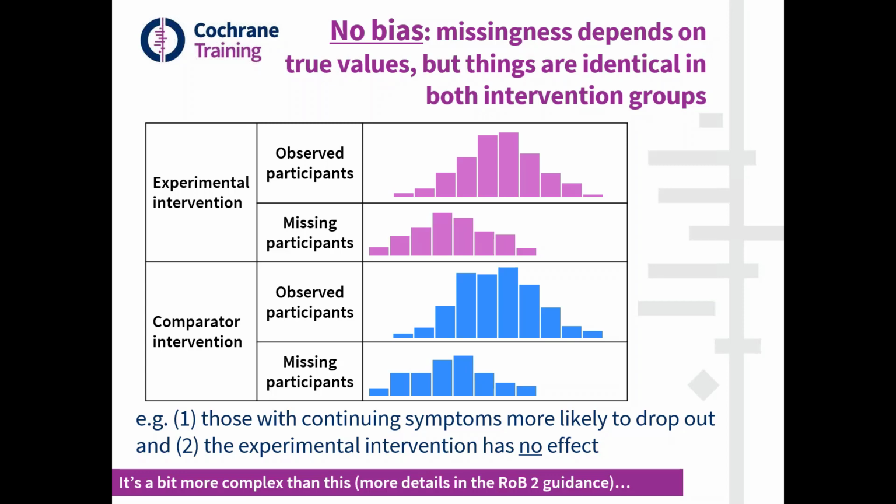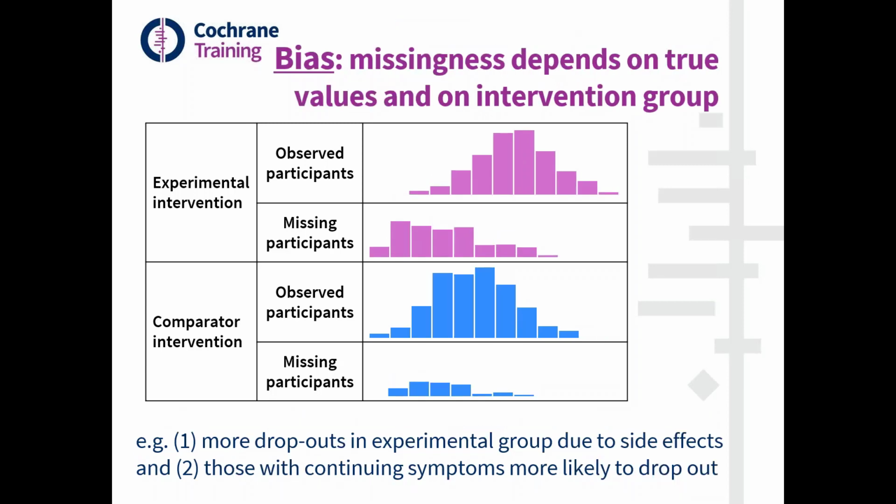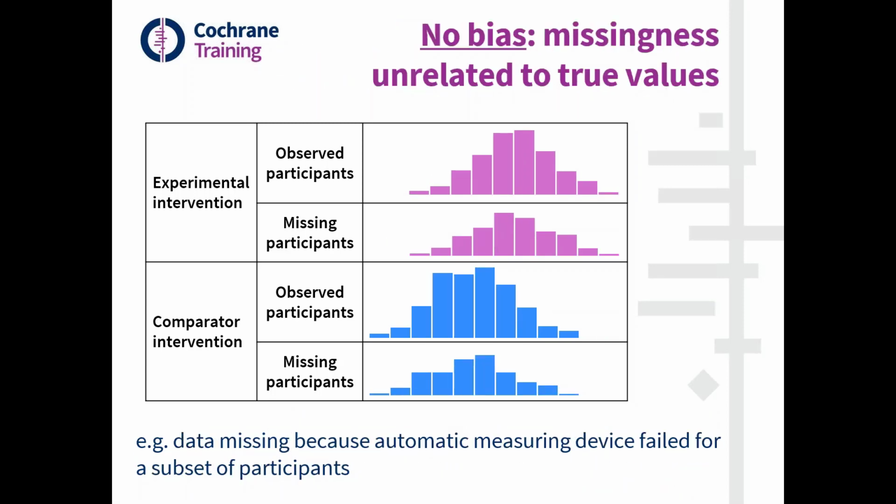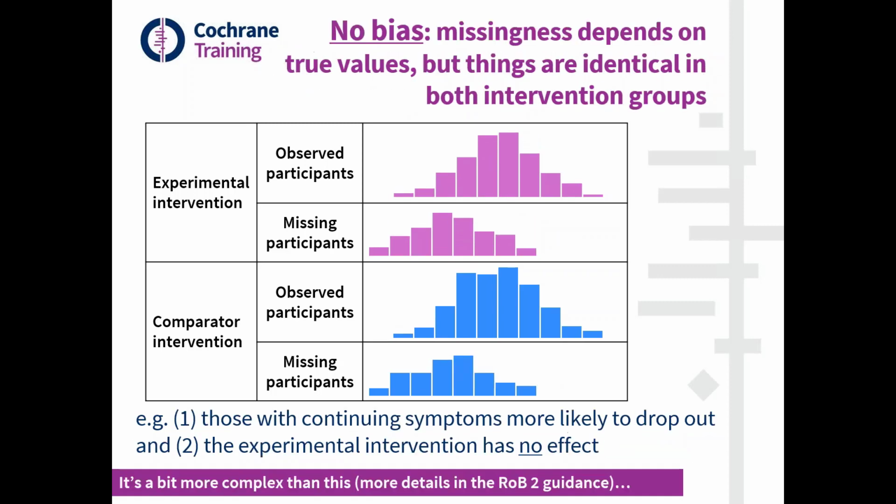Trevor's question. So that's in this no bias slide that I put back up. Even though group differences are unaffected, is there still bias if the remaining sample has a higher or lower mean than the missing sample? Oh, do you mean this slide?